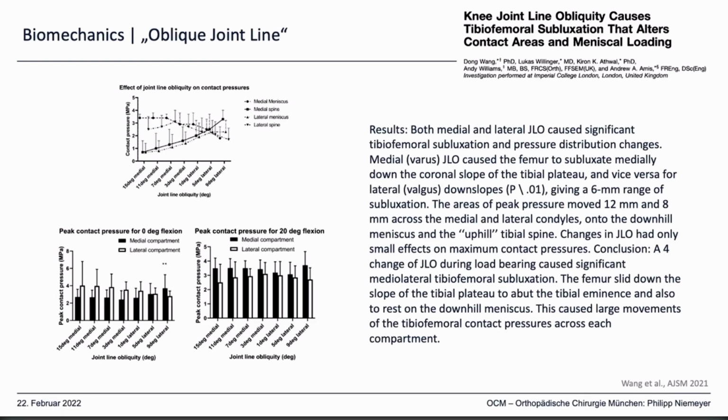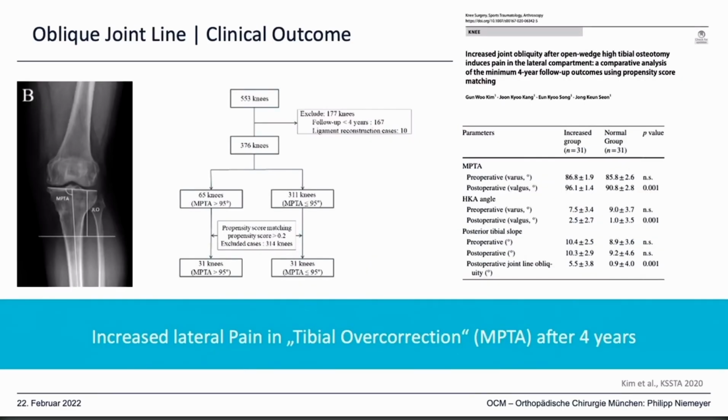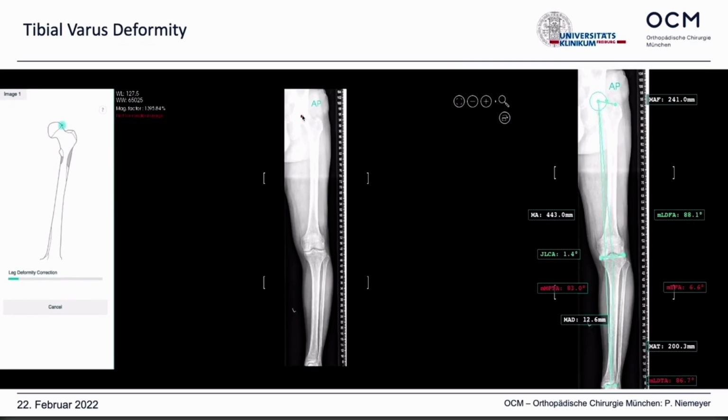You don't have any neutral alignment or neutral load distribution, even if the overall alignment is straight in these patients. This is also confirmed by some recent clinical data which correlate inferior outcome, specifically increased lateral pain, with an overcorrection of the tibial varus with an oblique joint line. And this is why you really have to care for a detailed analysis in your patients.